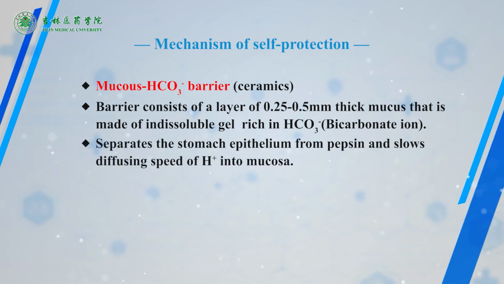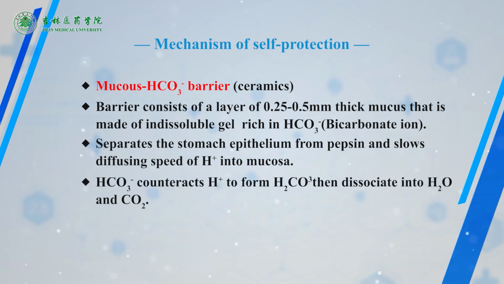The barrier consists of a 0.25 to 0.5 mm thick mucus lattice made of insoluble gel rich in bicarbonate ions. The barrier separates the stomach epithelium from the pepsin and slows the diffusion of hydrogen ions into the mucosa.